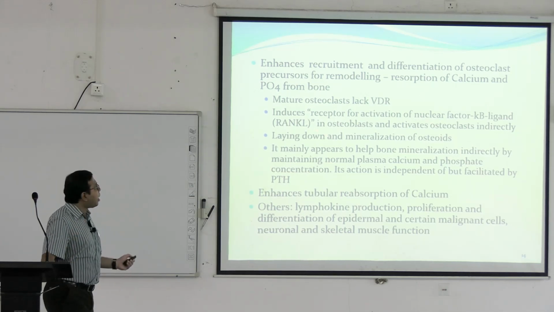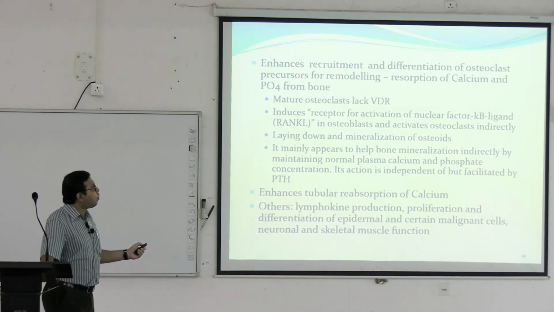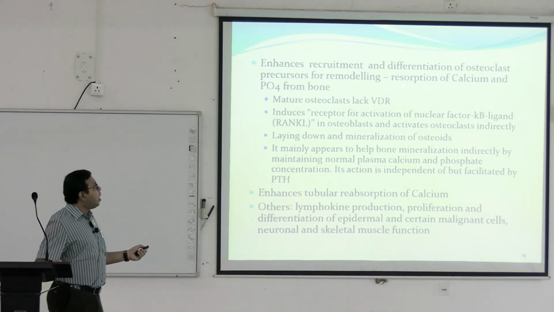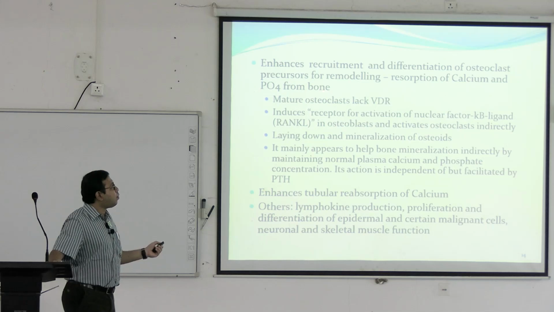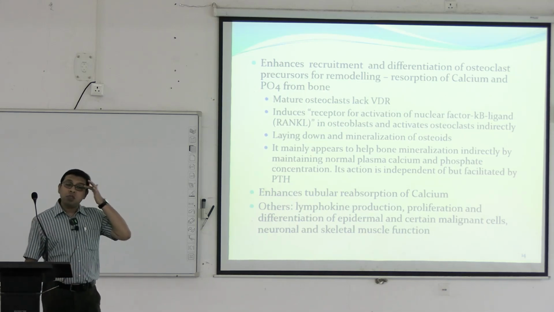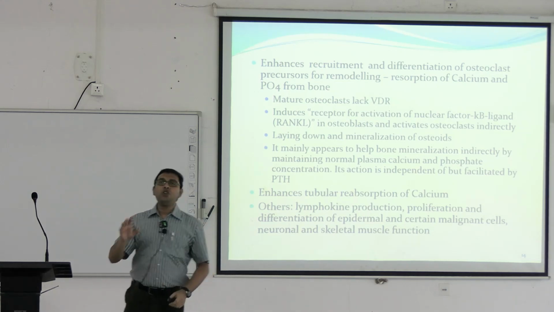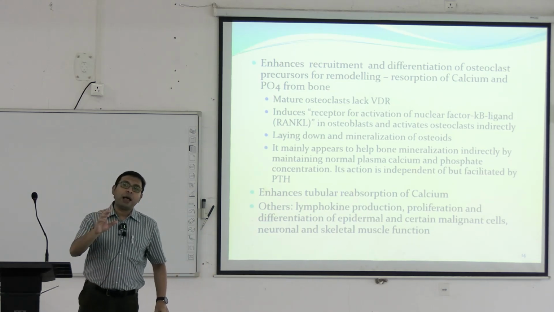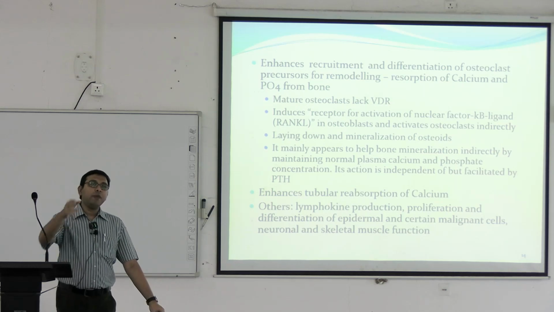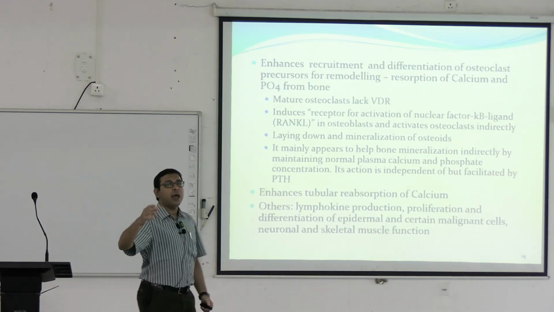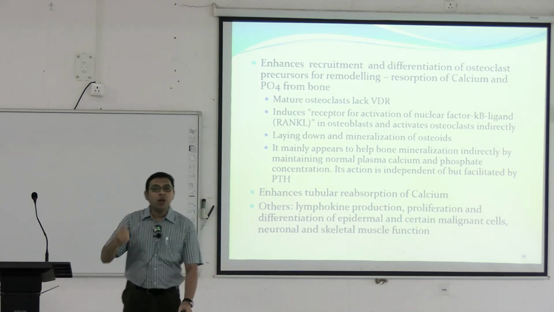Next, the second action is that it enhances the recruitment and differentiation of osteoclast precursors for remodeling and resorption of calcium and phosphate from the bone. In the bones, as you have read in anatomy and physiology, the main two cells are the osteoblast and osteoclast, and it is basically a cycle. Osteoblast causes bone formation and osteoclast causes bone resorption.